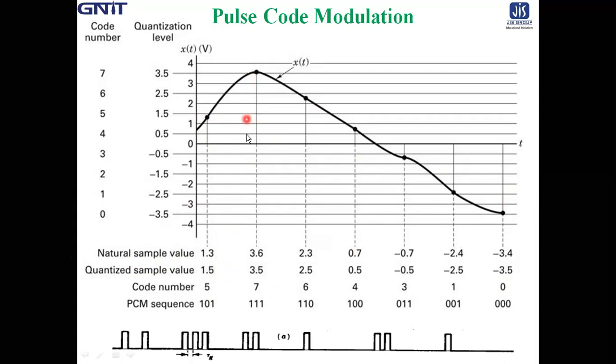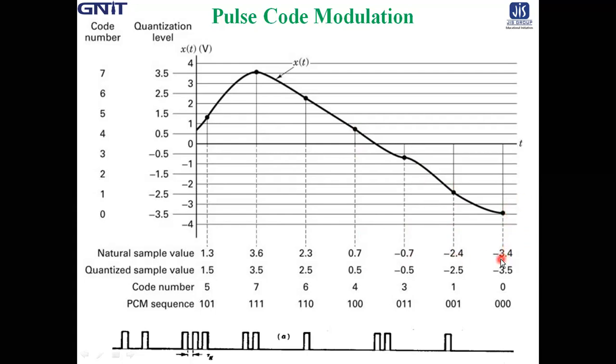Second sample value is 3.6. Third sample value is just between 2 and 2.5, so it is 2.3. Fourth sample value is 0.7, then minus 0.7, minus 2.4 and minus 3.4.